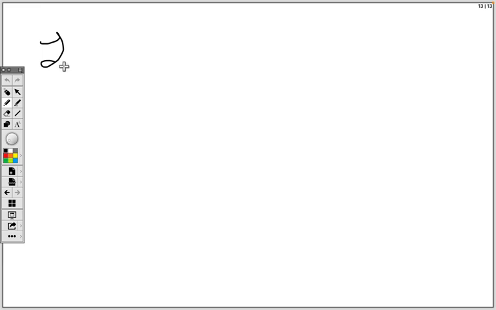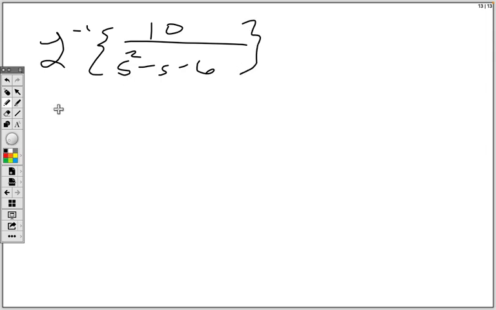So if we want the inverse Laplace of 10 over s squared minus s minus 6, once again, we can think of partial fractions. The first step of partial fractions is to do what with the denominator? Yeah, we're going to factor it and then we'll separate it. Does that factor nicely for us?